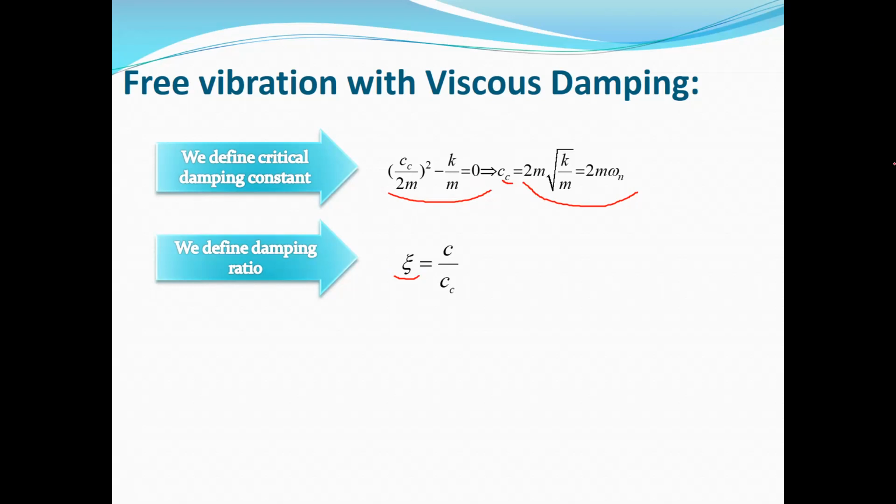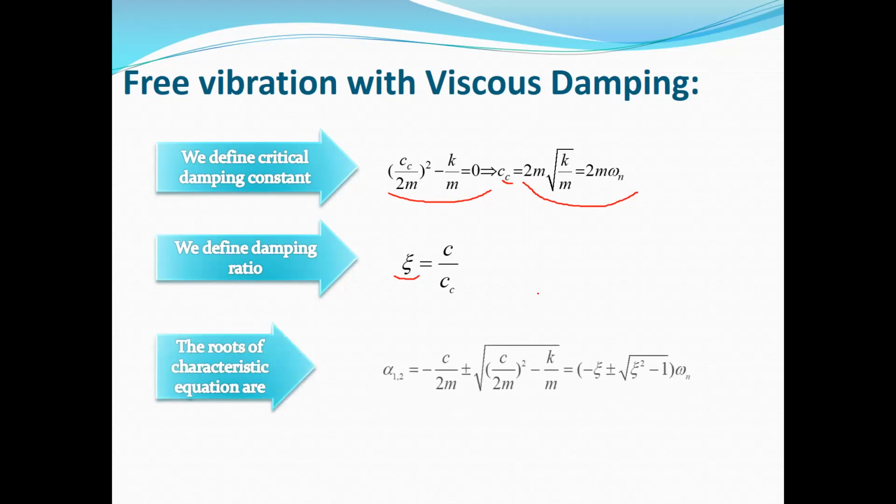Anytime you want to obtain the behavior of a vibrating system, you need to extract these two important parameters: the damping ratio and the natural frequency. When you have them, you can obtain the response, the damped frequency, the behavior of the system under different types of loading, and also you can extract the equation of motion easily.